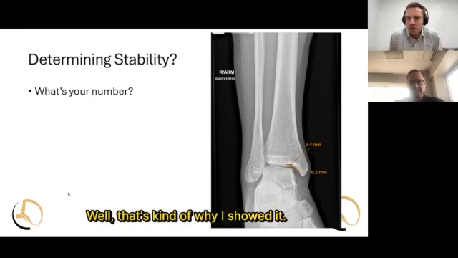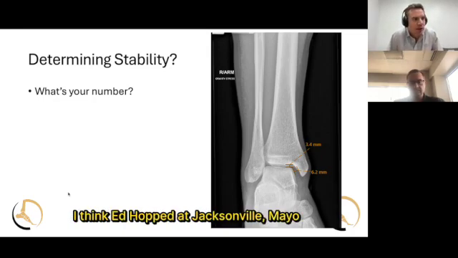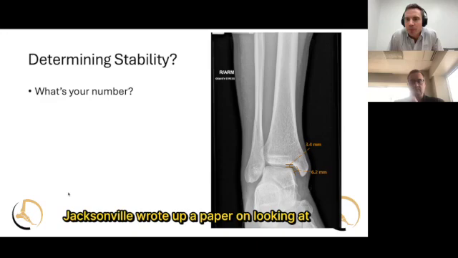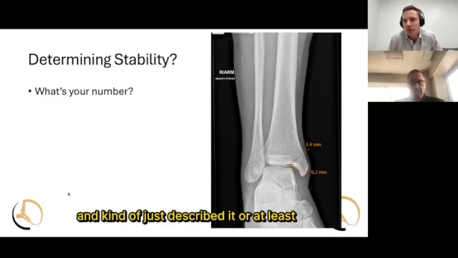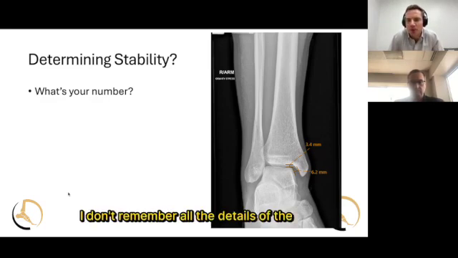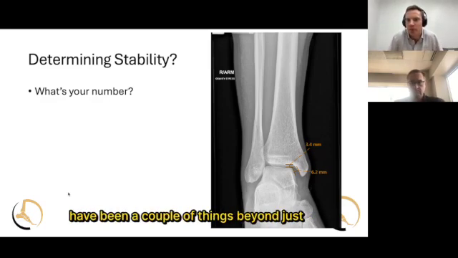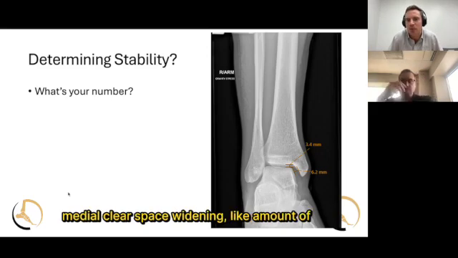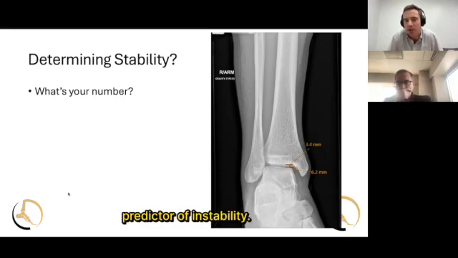Well, that's kind of why I show it, because I think that's an important point. I think Ed Haupt at Mayo Jacksonville wrote up a paper looking at that lateral shift and just described it, or at least looked at it. I don't remember all the details of the study, but it was a nice study because there have been a couple of things beyond just medial clear space widening, like amount of displacement on the lateral view as being a predictor of instability.